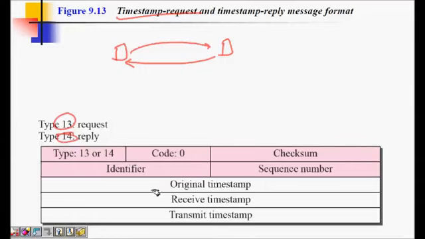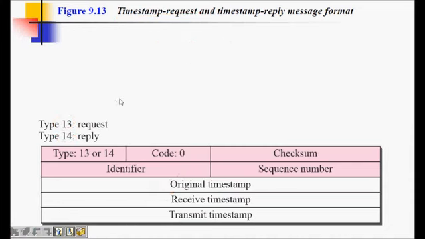Code is 0. The original timestamp, the receive timestamp, and the transmit timestamp are sent. The original timestamp is what I have sent, whatever the timestamp is at my place, then the receive timestamp, and then the transmit timestamp.